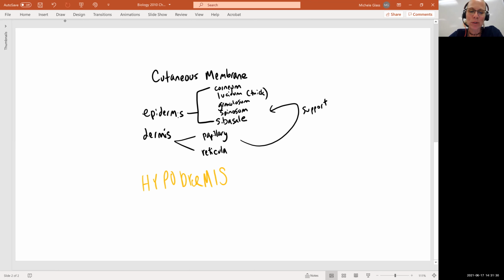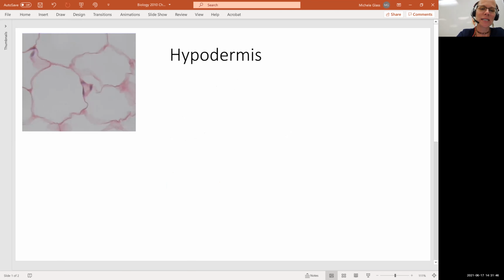So the hypodermis, we're going to see, is not actually part of the cutaneous membrane. It's actually going to be below the skin.